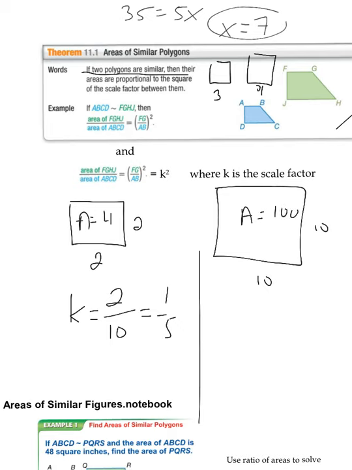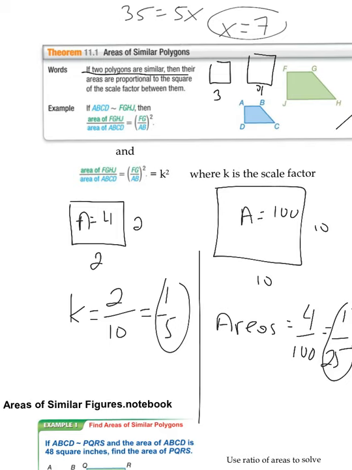Okay? What's the scale factor of the areas? So now, do we agree that for the areas, you would do 4 over 100, which is 1 over 25? Look at 1/5, look at 1/25.